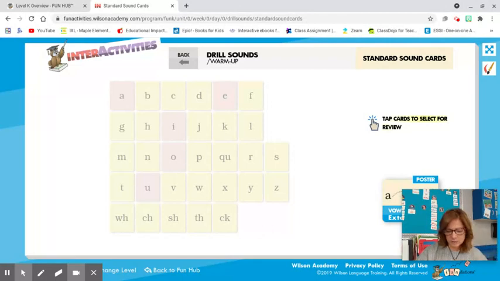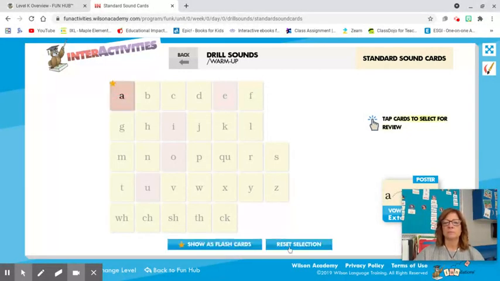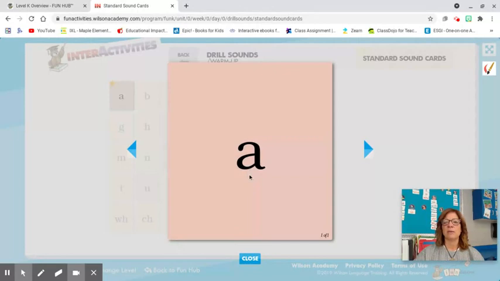So the card that I want you to find is the one that makes the ah sound. Ah. So find the one that makes the ah sound. That's right. You should have made A. Let's say it. A, apple, ah. A, apple, ah.